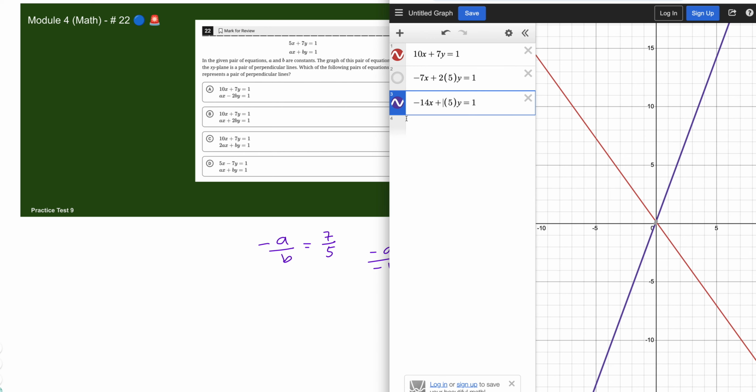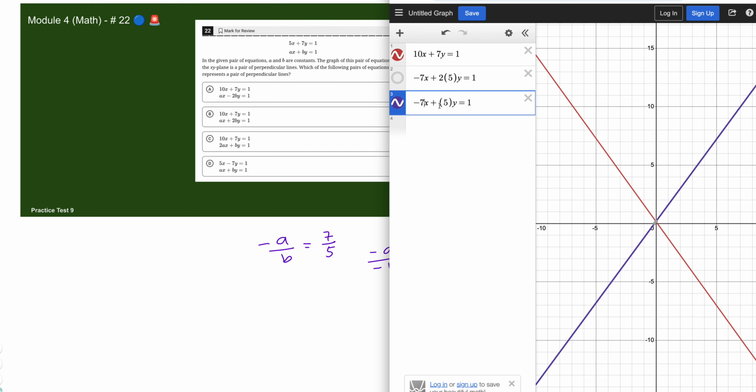So 2 times -7, -14, plus 5y, does not look perpendicular. We could try the third option, which is ax. Remember, A is -7, so -7x plus by equals 1. That doesn't quite look like a right angle, so I don't think that's the answer either.